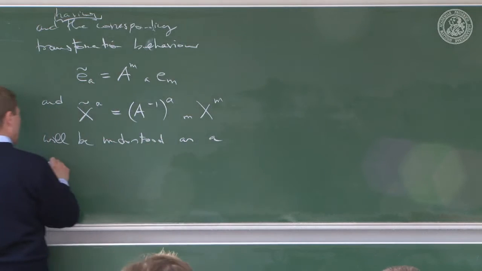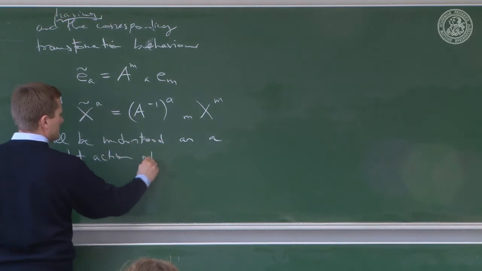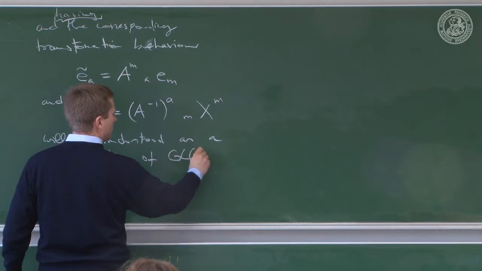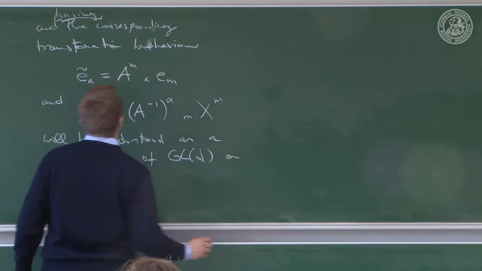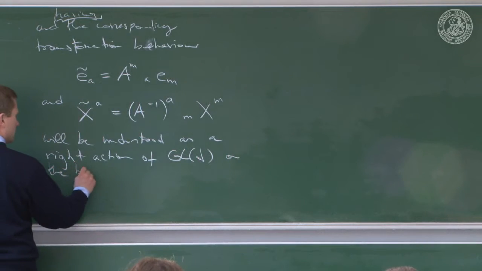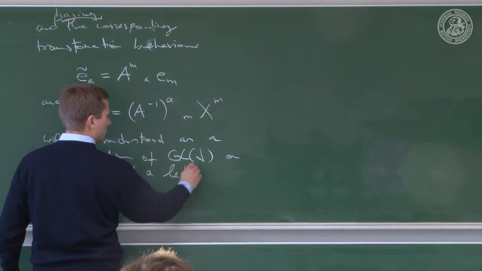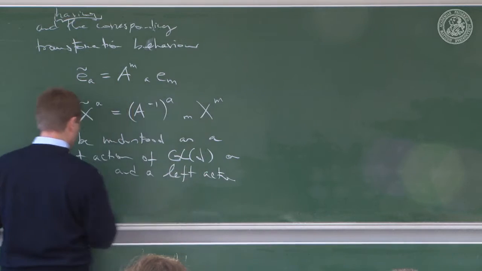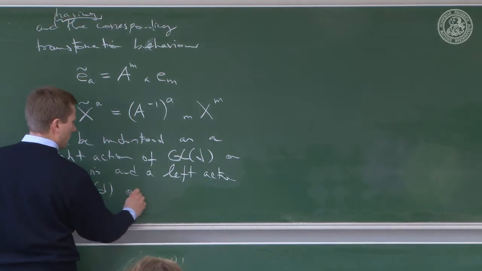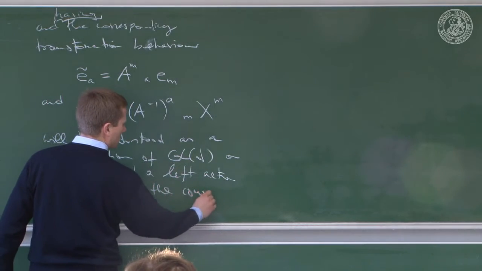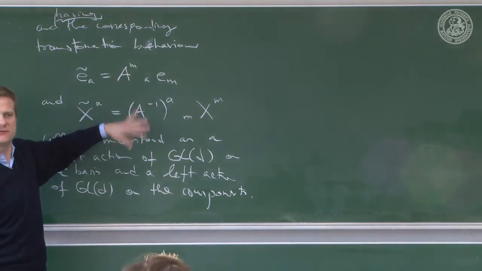This will be understood as a right action of the general linear group in d dimensions on the basis, and a left action of the same GLd group on the components. We say, yeah, sure, that one must be the inverse of the other.